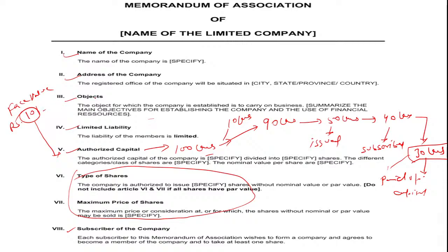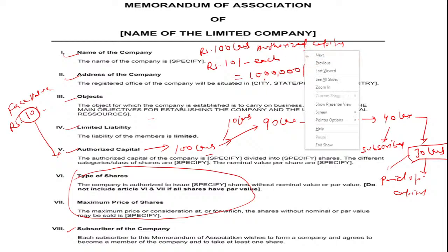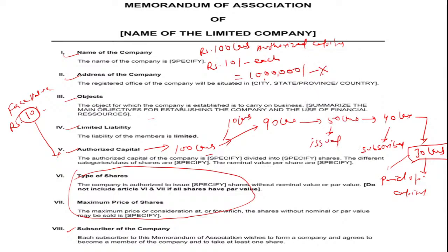So if the company is saying that I will raise 100 lakh rupees of authorized capital with a face value of 10 rupees each, it means the company will raise a total of 10 lakh shares. Then only can the company get 1 crore rupees of paid up capital, 10 lakh shares at the rate of rupees 10.